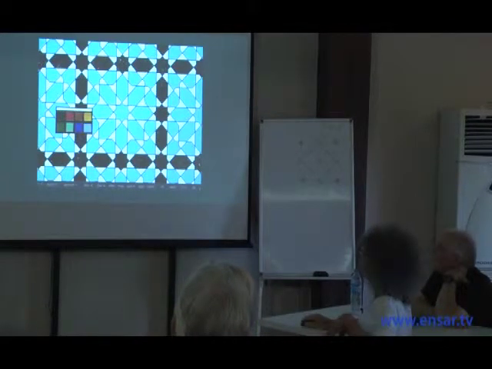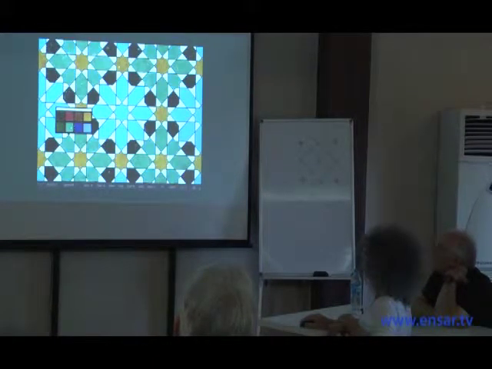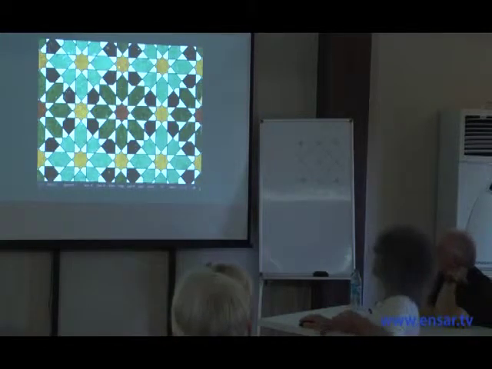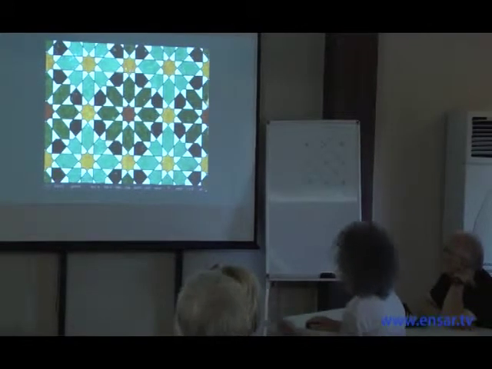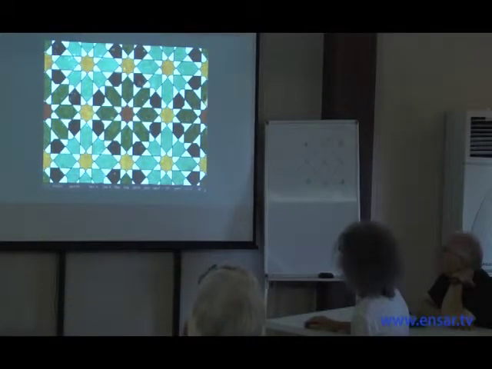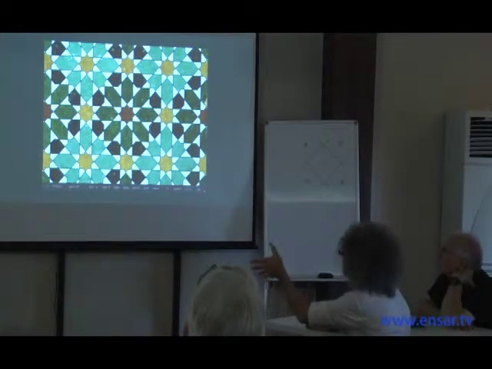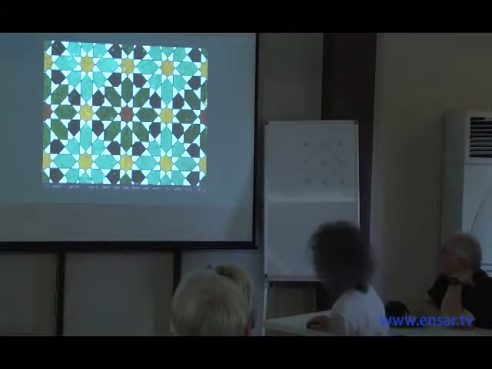Okay, but look, if I do that, maybe that, what I see is a pattern made of squares. If I have this in black, what you see is a square, but a square rotated by 45 degrees. So the color can really change the perception of the pattern.